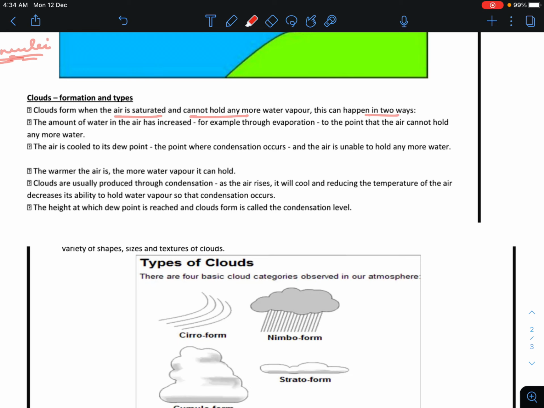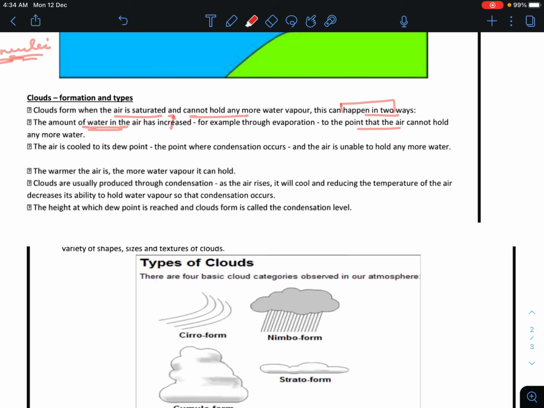The first condition is that the amount of water vapor in the air has increased. In order for cloud formation to happen, the amount of water vapor present in the air must increase.